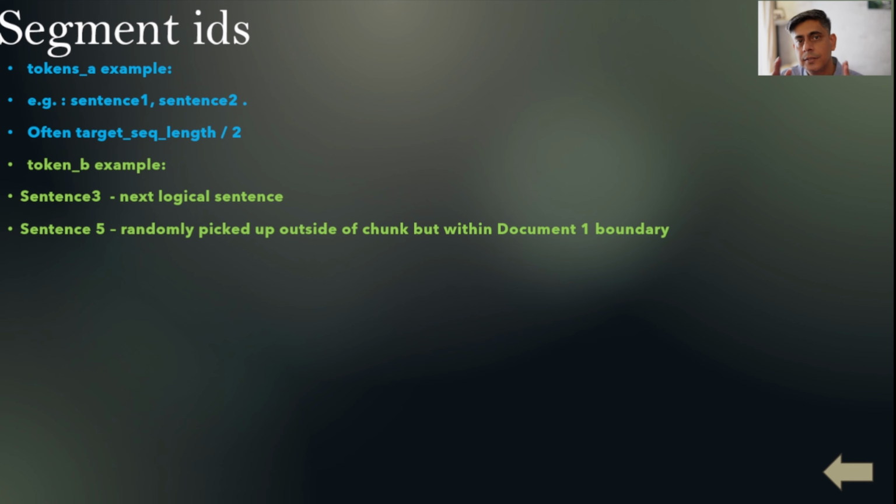Although I have taken sentences 1, 2, and 3 as the chunk size, sometimes I'll randomly take sentence 5, but not a sentence from document 2. Within the document boundary, I will randomly go beyond the chunk and take another sentence, which is randomly predicted.